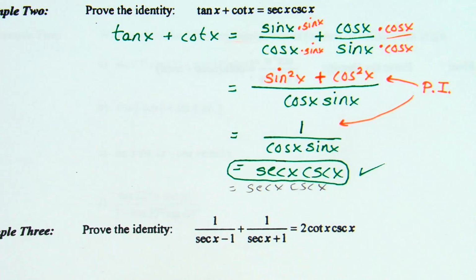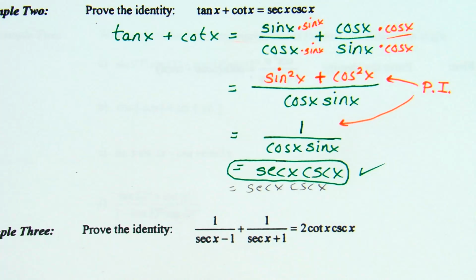You got the idea of how to begin this? We're going to start with the what? So I'm going to start with 1 over secant x minus 1 plus 1 over secant x plus 1. That's what we're trying to work with.